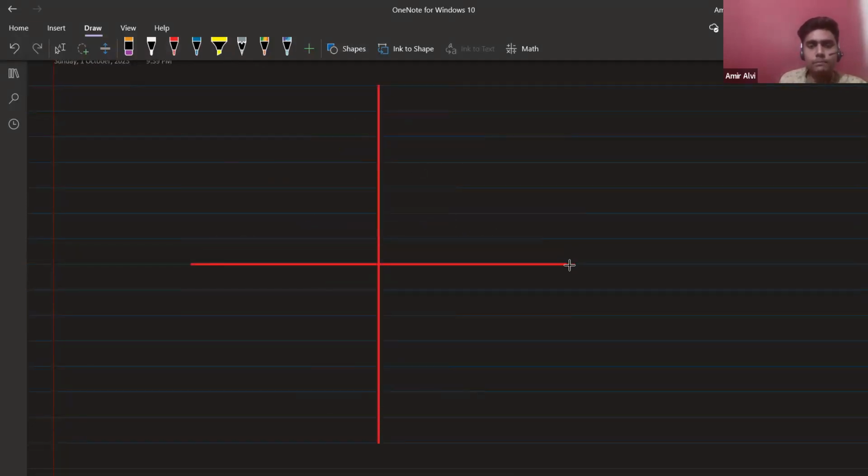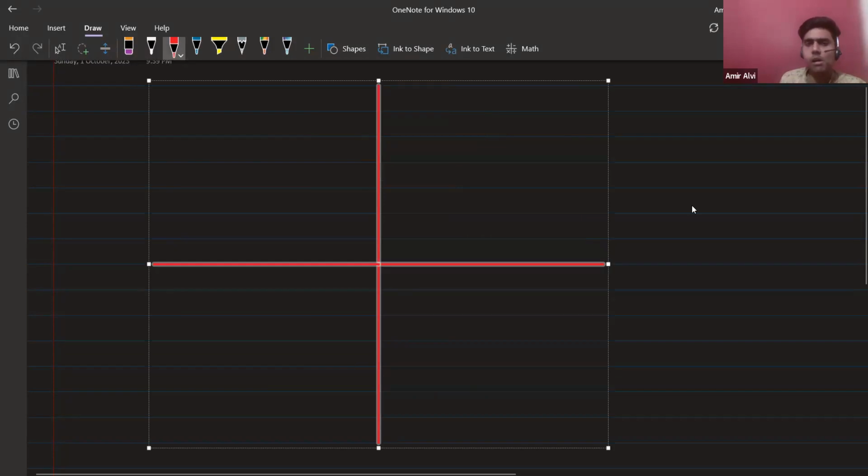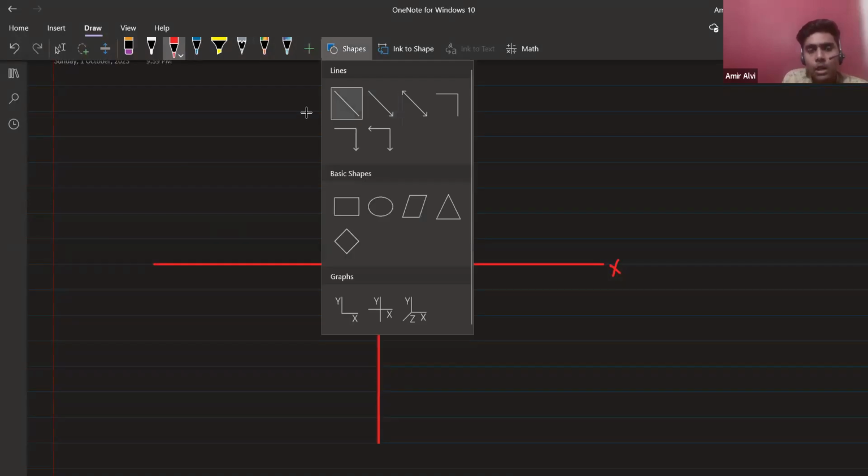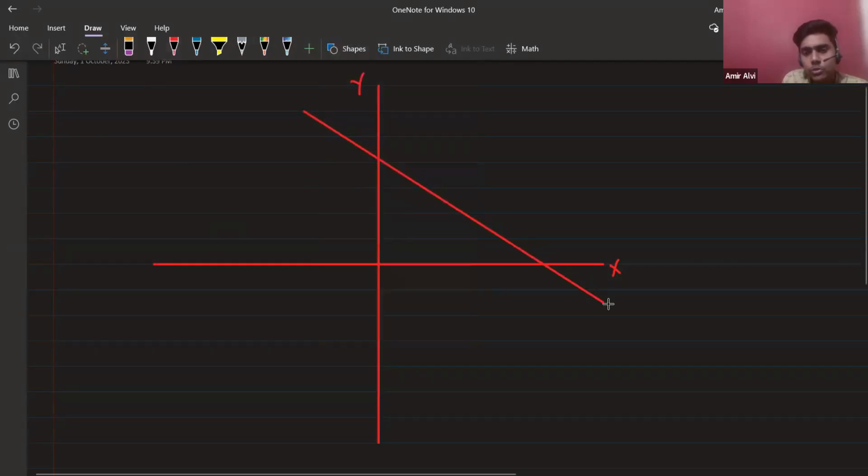Suppose this is a graph, a 2D plane. This is X, and this is Y. Suppose there is a line in this direction.